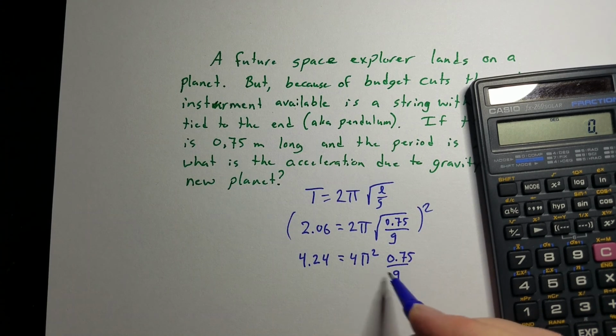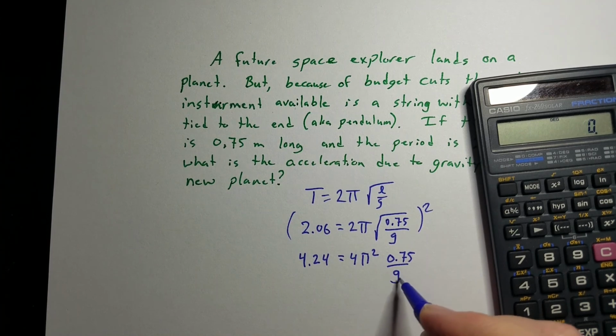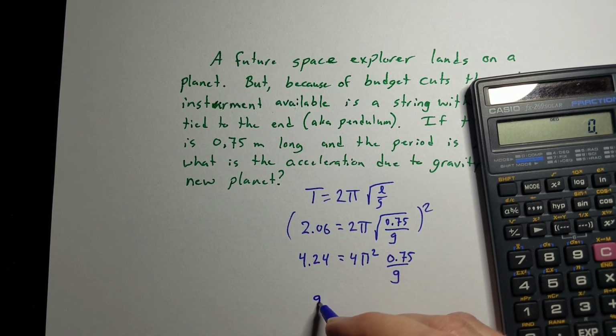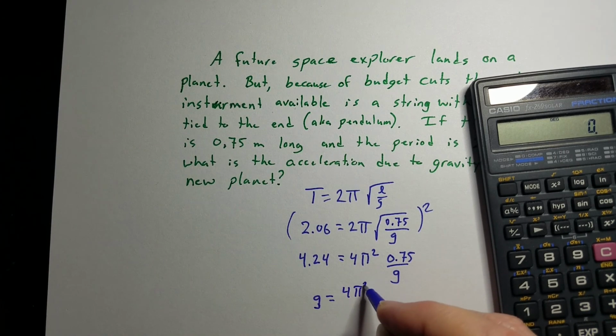Here's a little trick. I call it the super secret switch. Whenever you solve for this, that comes out and we switch and take its place. So g equals 4 pi squared times 0.75 divided by 4.24.